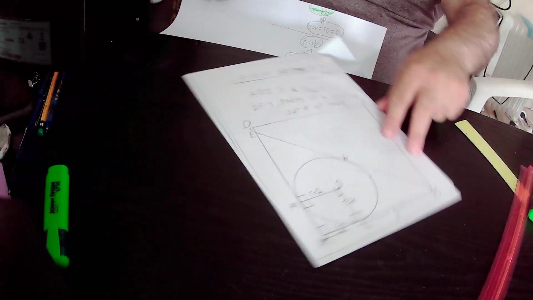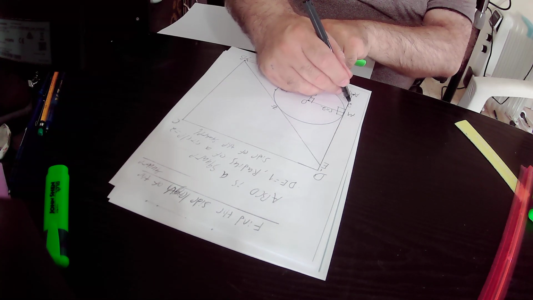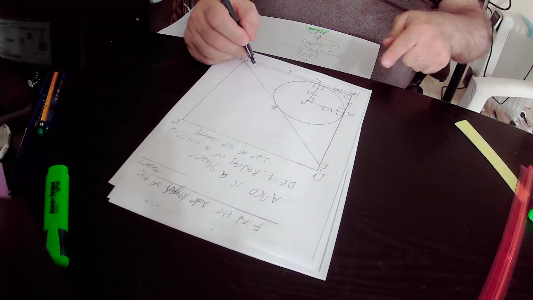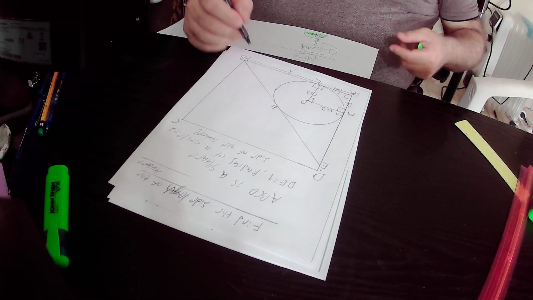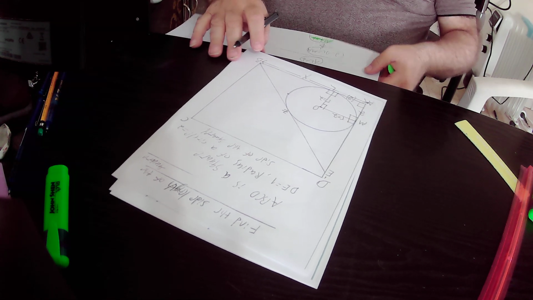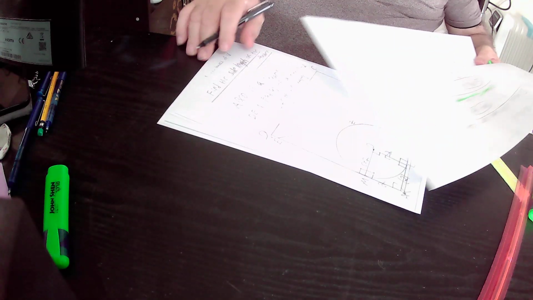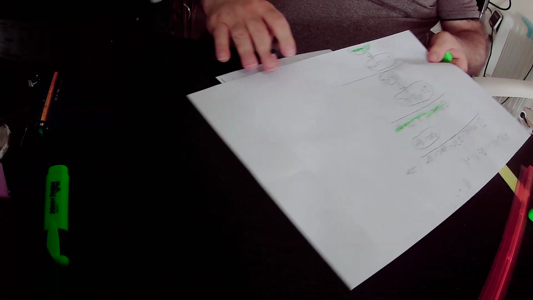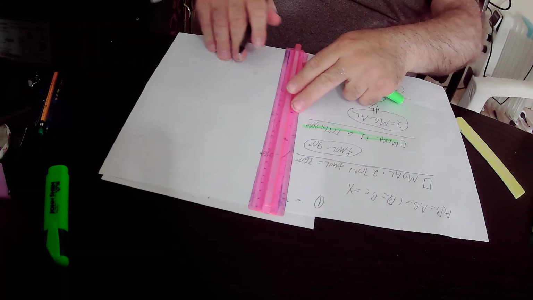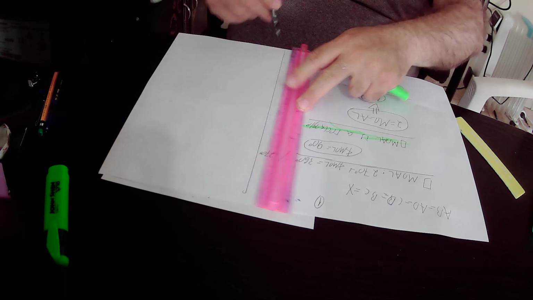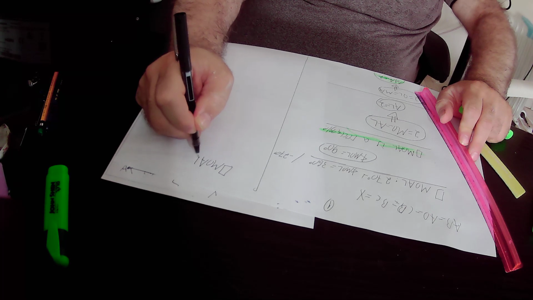Here, MA equals 2 units, so all the sides of quadrilateral MOAN are equal to each other, equal to 2 units. Therefore, quadrilateral MOAN is not just a rectangle but a square. Okay, write it down: quadrilateral MOAN is a square.